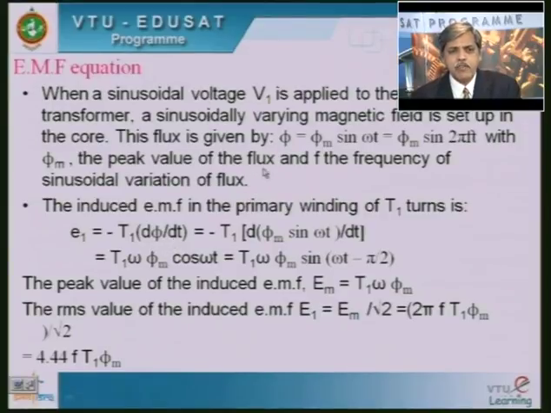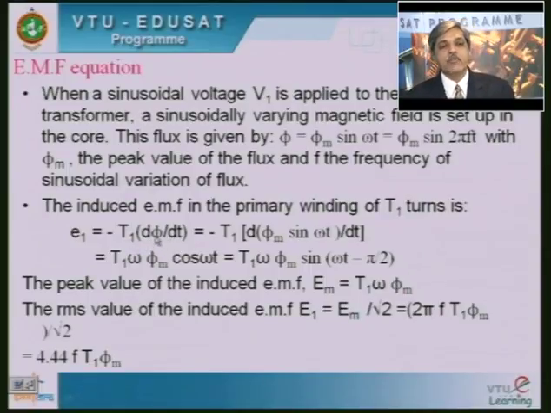The flux, which has a value of phi of t, is linking with the primary winding of T1 turns, therefore there will be flux linkages of T1 phi. Now because the flux is changing, the flux linkages also change. This change in the flux linkages will give a voltage, which can be represented by T1 d phi by dt, and the minus sign is because of the direction of the induced voltage.